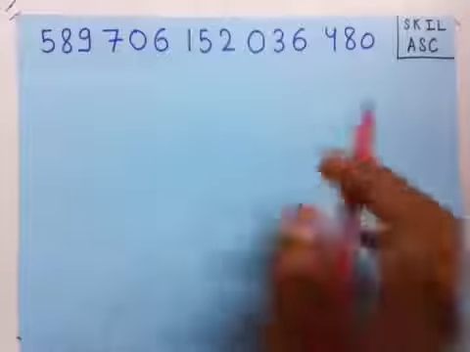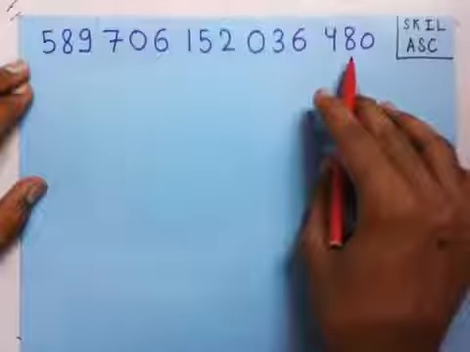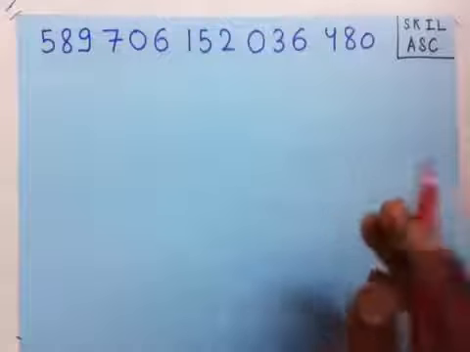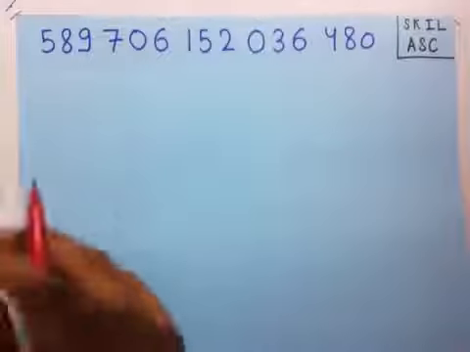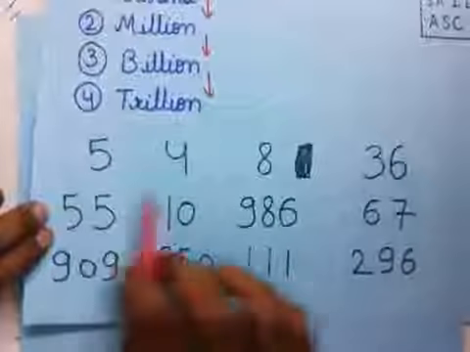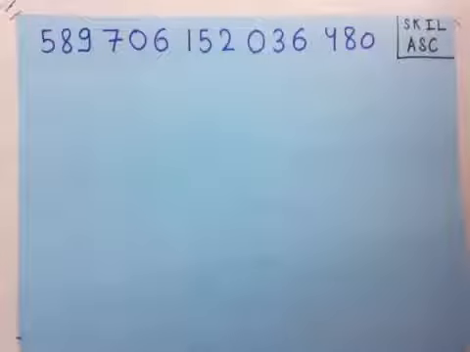If I ask you to read this very large number, it looks very difficult. But we all know how to read smaller numbers. Now I ask you to read this number. You can read it. We read it as 480.